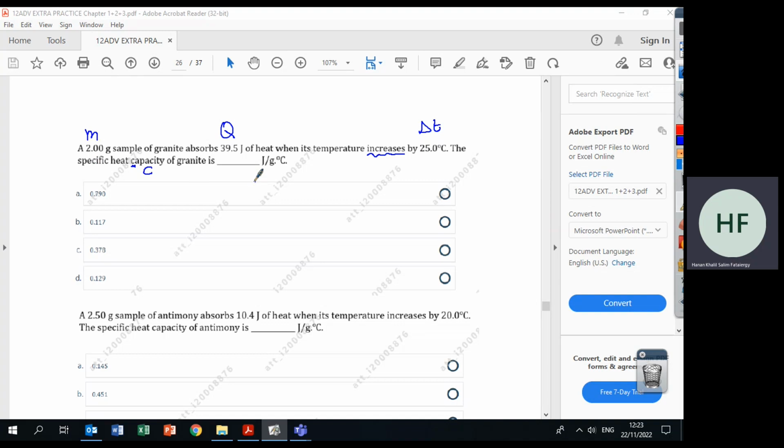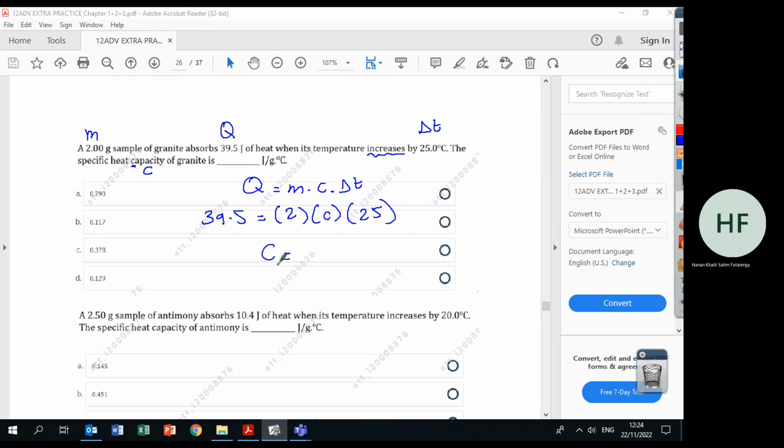Capacity means C. Of course we will use the same rule. Q equals M C delta T. Q is 39.5. M is 2. C is needed. Delta T is 25. So C will be 0.79.